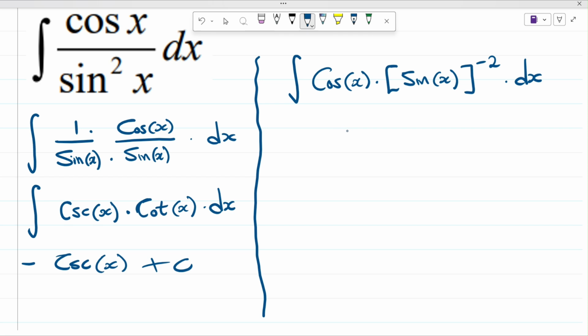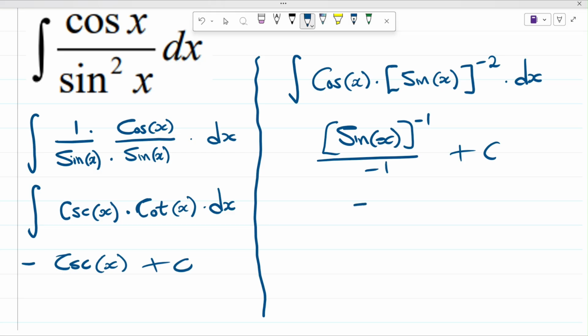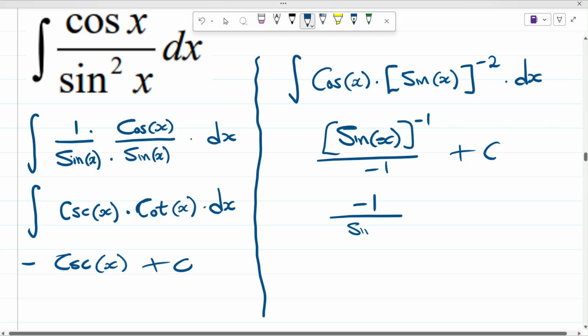So my answer here is going to be sine of x to the power of -2 plus 1, which is -1, divided by -1, plus c. So at the end of the day I have -1 divided by sine of x plus c.